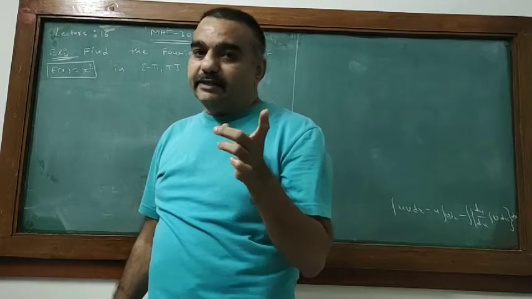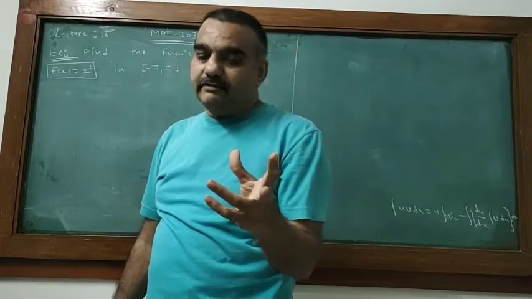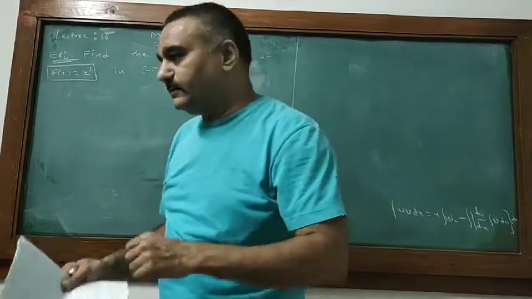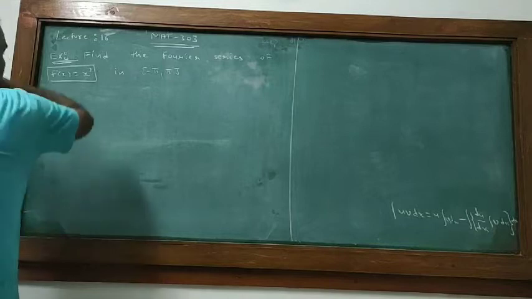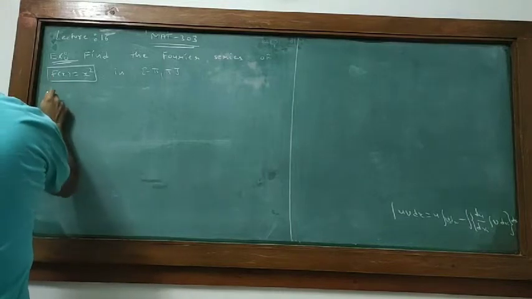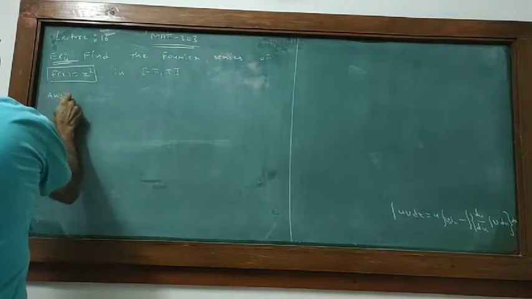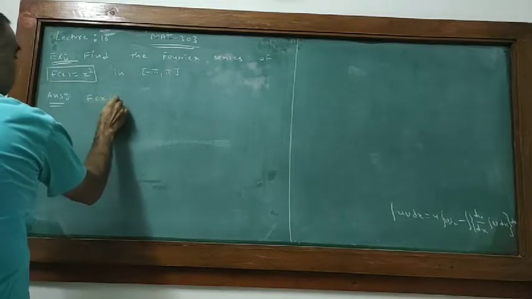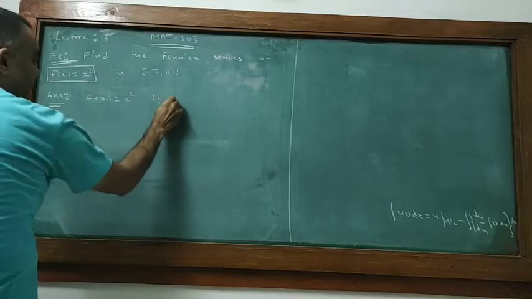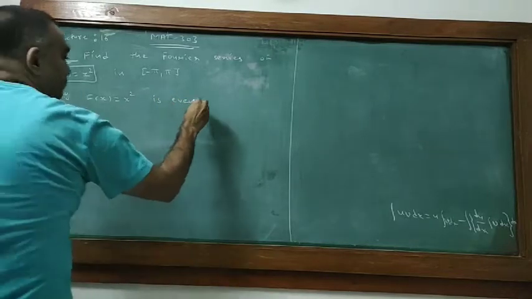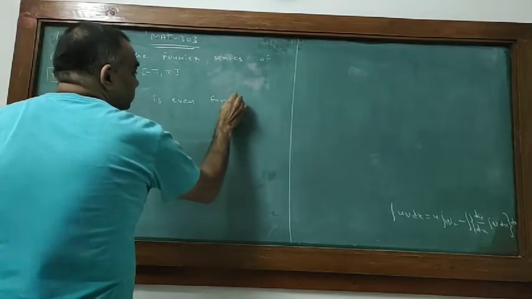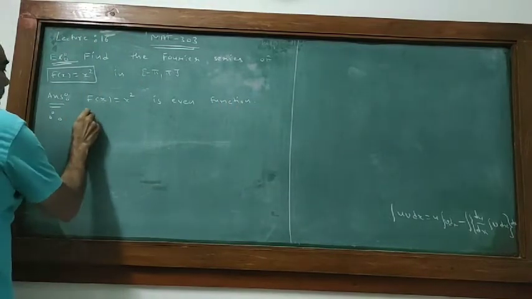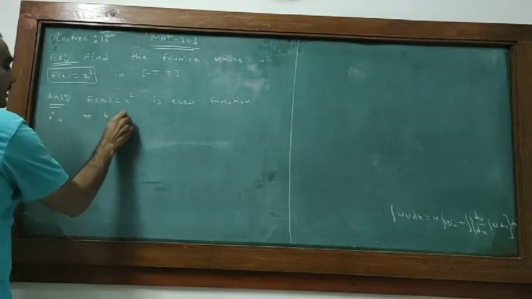If f(x) equal to x square is an even function, then in the Fourier series expansion all bn are 0.